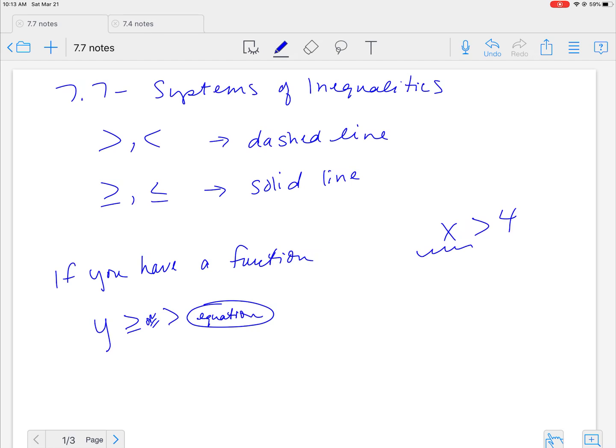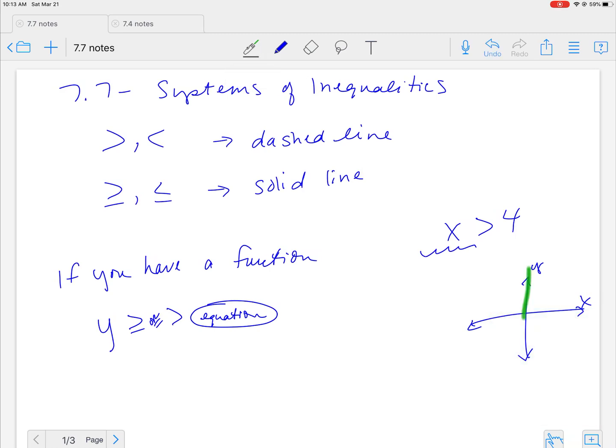Then, where are the y values bigger? Like if I have this xy coordinate chart, if I'm talking about where my y values are big, then that's where I'm going higher and higher.